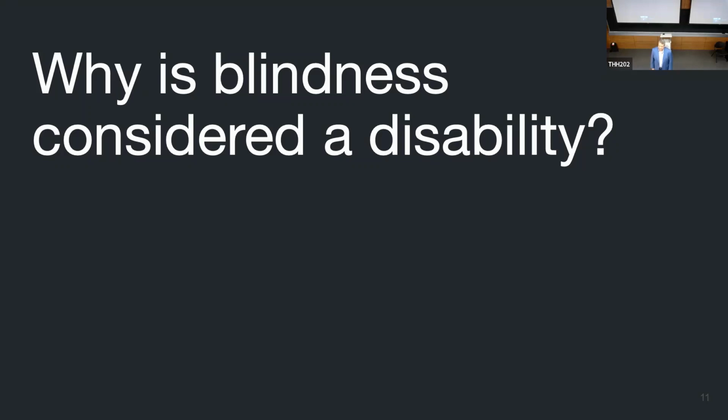But in the context of our society, where we are a species that relies on our sight very much, our interactions in society are based on sight, and a lot of the work that we conduct is on sight. So when people aren't able to see, they are at a disadvantage when trying to perform day-to-day tasks amongst individuals who can see, which is why we consider it a disability.